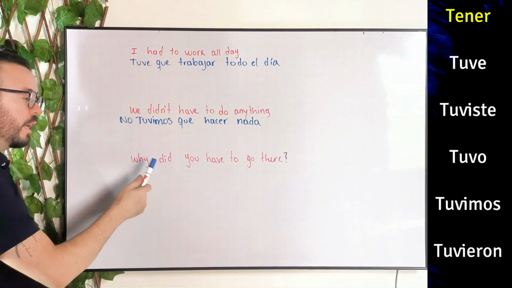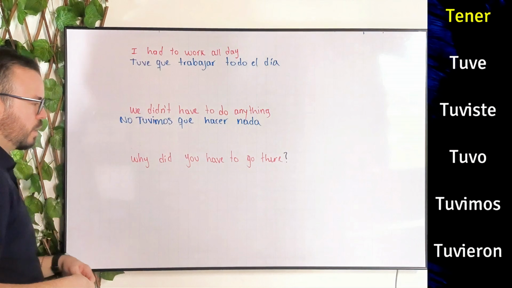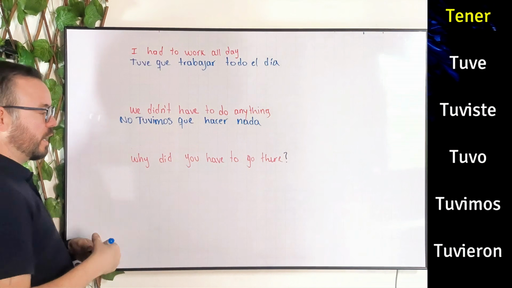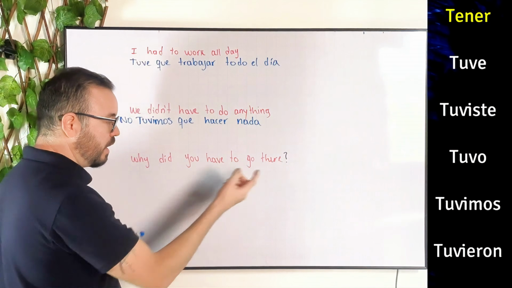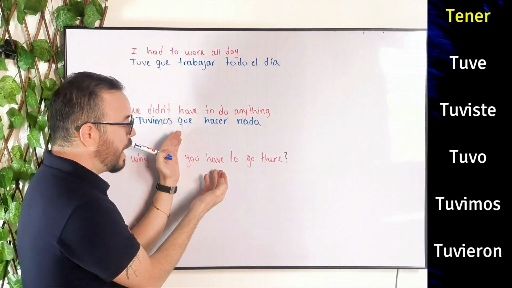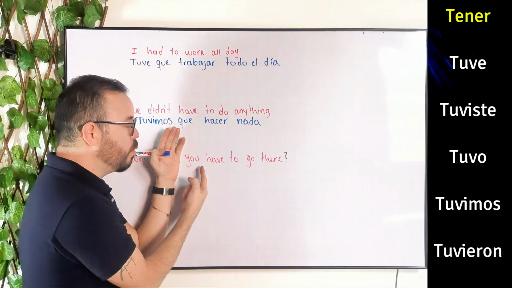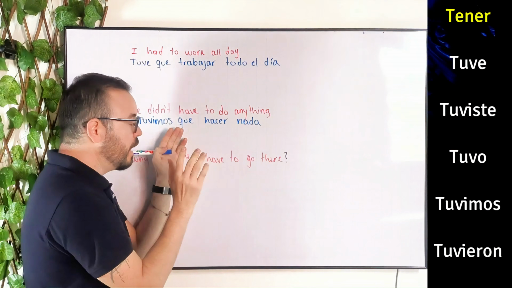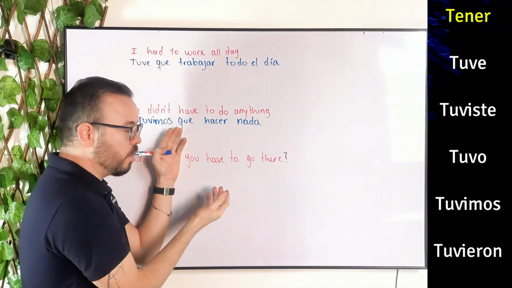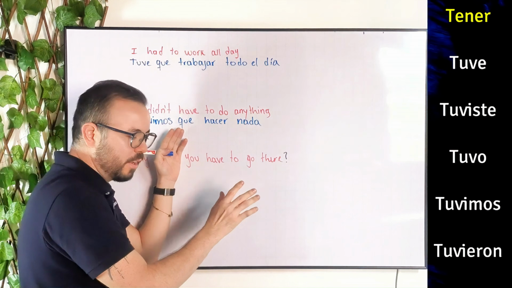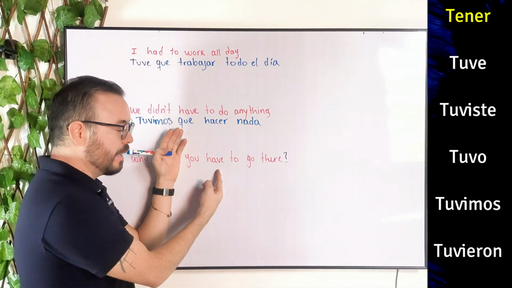We want to say, why did you have to go there, okay? Since this is a question, we can always say the positive form first, right? And the positive form of this will be just you had, in past tense, because we're speaking in the past. We just need to say you had to go there. And in this part, we don't have any did or doesn't or do or didn't, right? We just have you had, in past.